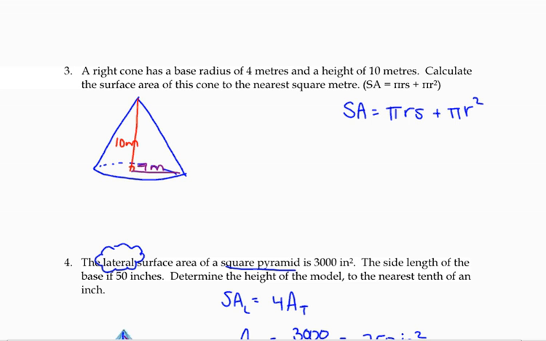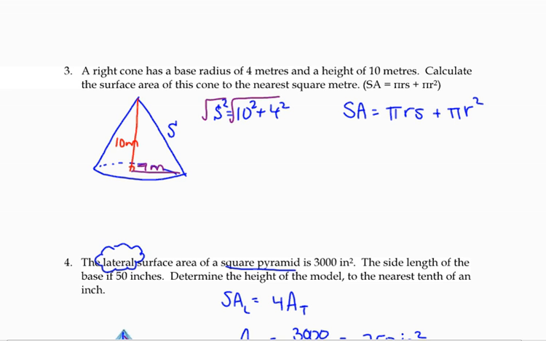Do we know the slant height? No. We know height, not slant height. So how do we get slant height? Slant height squared is 10 squared plus 4 squared, and then square root both sides.